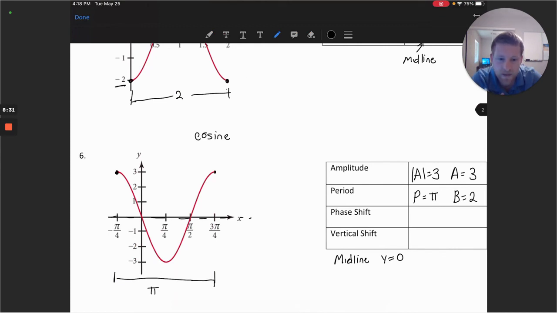If I consider the phase shift, I'm starting at -pi/4, so I'm going pi/4 to the left, because that's my phase shift starting point, -pi/4. And if we consider a vertical shift, since our midline is at 0, we would have no vertical shift.